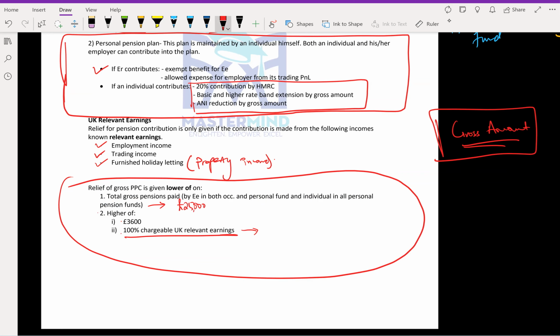So let's say your UK relevant earnings are 100,000, right? So in part 2, if you just look at this portion, you first have to calculate the higher of 3,600 and 100,000. So obviously the higher of would be 100,000, right? And lower of between 100,000 in this case, because that becomes the higher of over here.